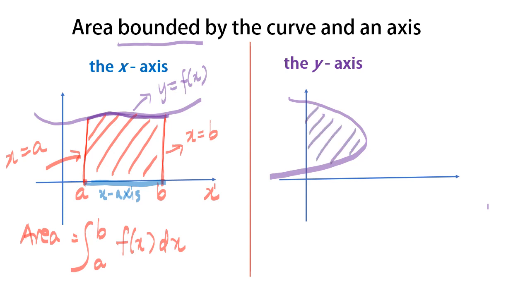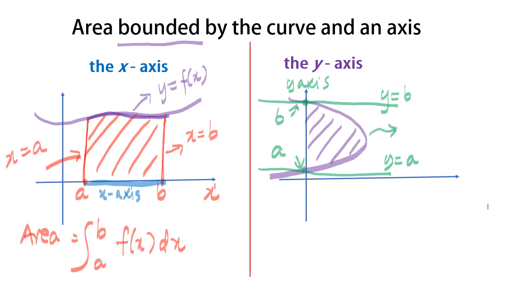In this case, we're talking about the y-axis, so it's bounded by the two horizontal lines. Let's say y equals b, y equals a. The y coordinate here will be b, the y coordinate here will be a, and let's let the equation of this curve be x equals g of y.